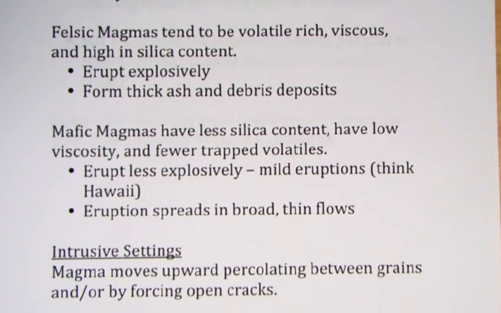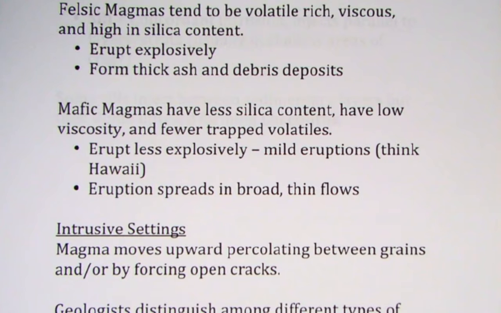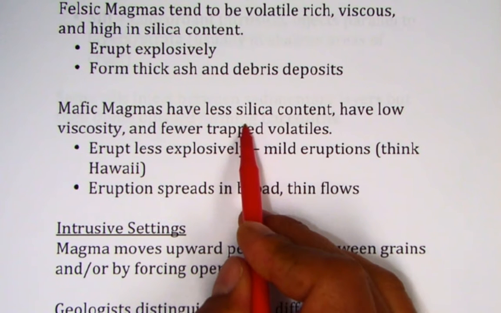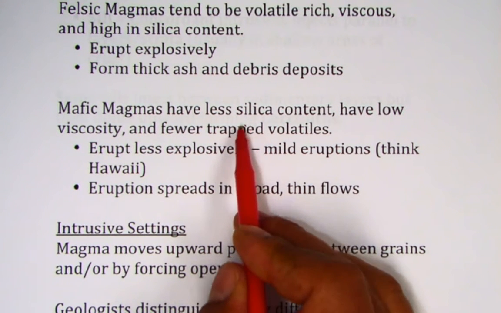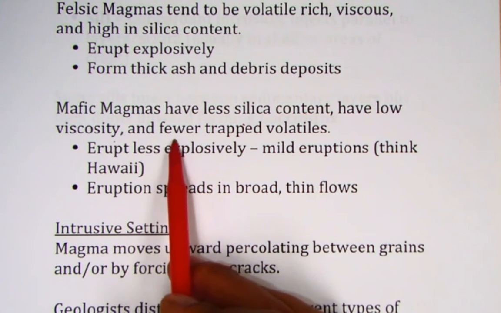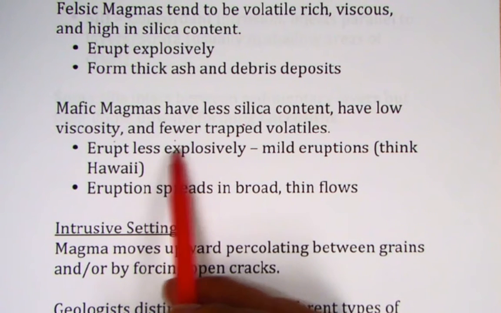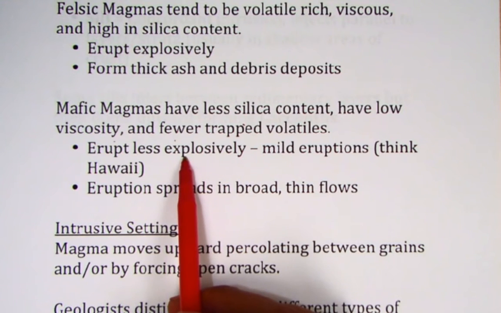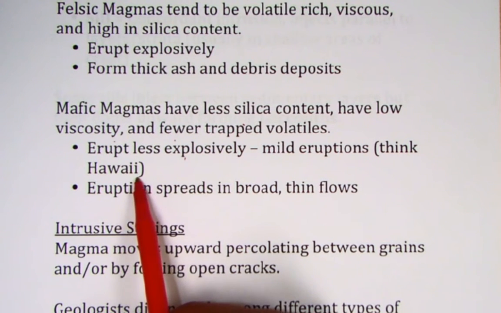Now, mafic magmas have less silica content because they have more magnesium and iron. They have a lower viscosity, which means they're more fluid, and they tend to trap fewer volatiles. So when they erupt, because there's less gas, they're less explosive. Think of Hawaii.